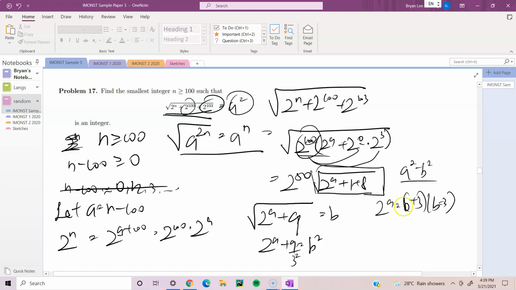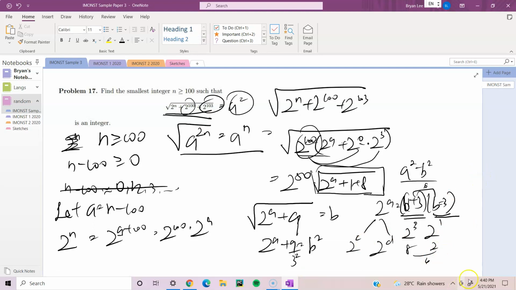Since this can only be factored into smaller powers of 2, say 2 to the power of c times 2 to the power of d, both of these are powers of 2, and both of these differ by 6. Which powers of 2 differ by 6? We only know that 2 to the power of 3 and 2 to the power of 1, which are 8 and 2 respectively, differ by 6. No other pair of powers of 2 differs by 6. You can check this for yourself.